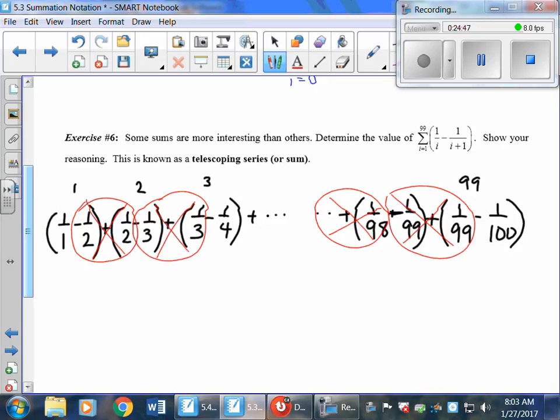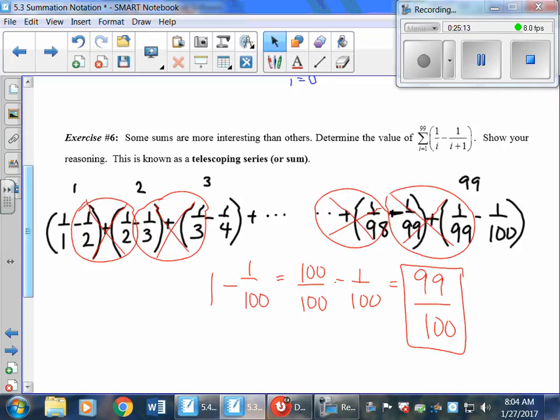So what are we left with? We're left with the 1 at the front, and we're left with the minus 1 over 100 in the back. You can put this in your calculator, or I'm hoping you realize 1 is the same thing as 100 over 100. Minus 1 over 100, which is equal to 99 over 100.